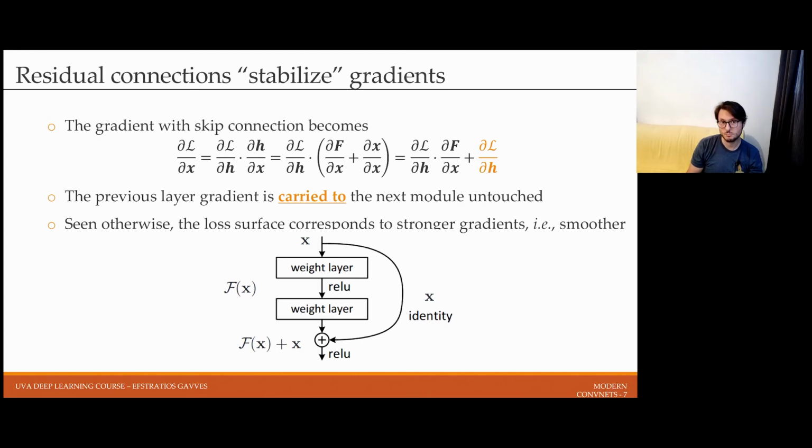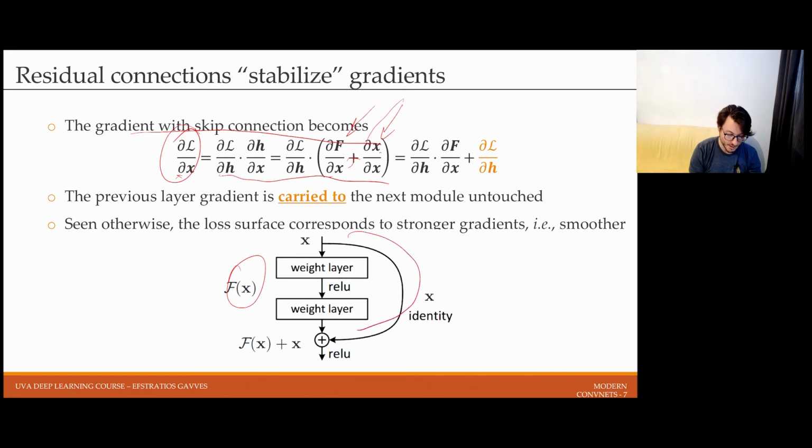The best explanation, to my knowledge right now, or one of the better ones, is that if you take the gradient with skip connections for our input x, and you decompose it, here this is your f, your nonlinearity, so the partial derivative of the nonlinearity with respect to the input x, but then you also have to add the partial derivative of the input with respect to itself, because of the skip connection.